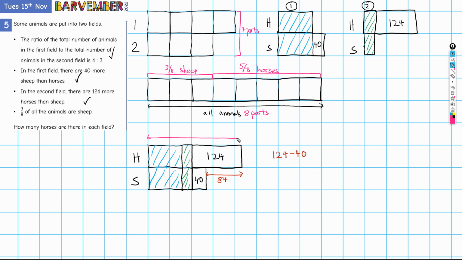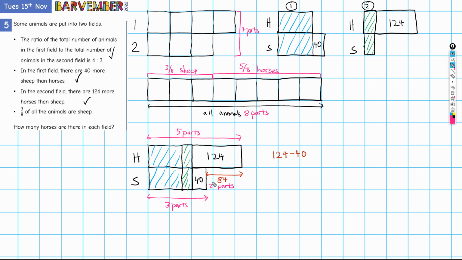Okay, so this is 5 parts. And the total number of sheep is 3 parts of this model. There we go, that's 3 parts. Which means the difference between 5 parts and 3 parts is 2 parts.